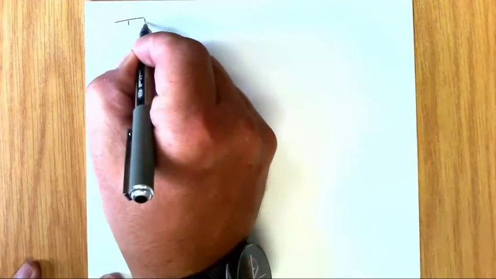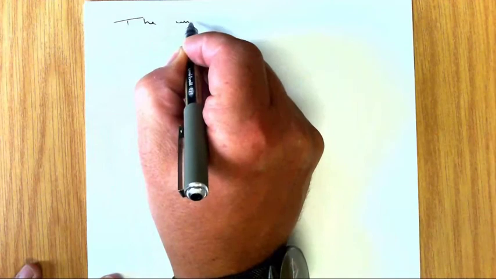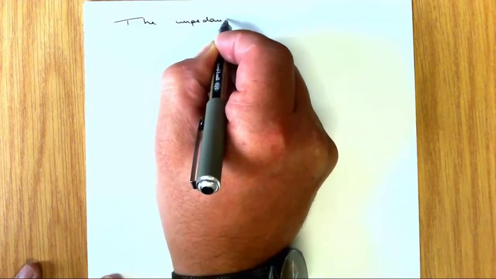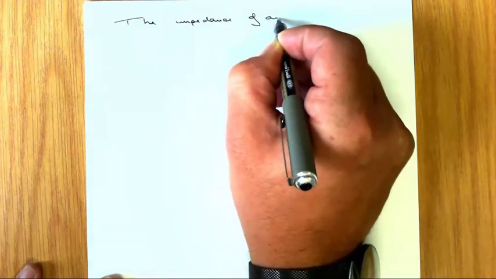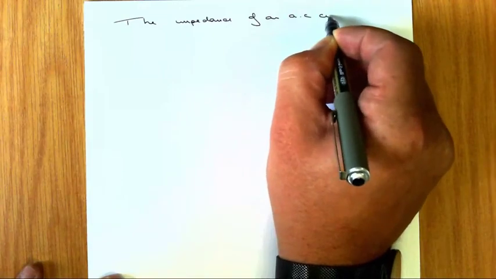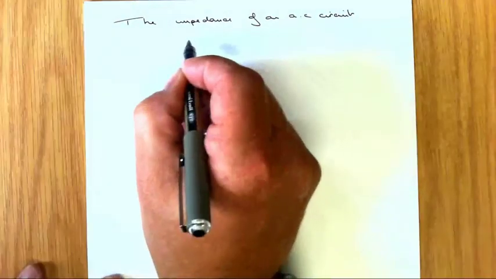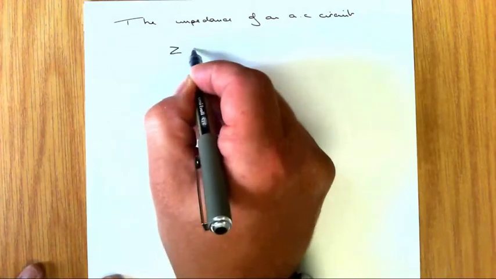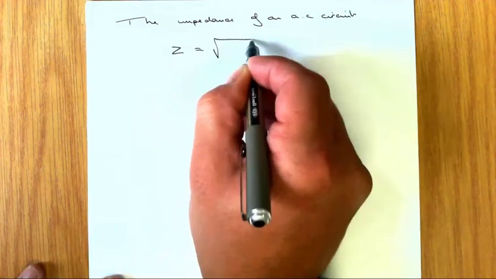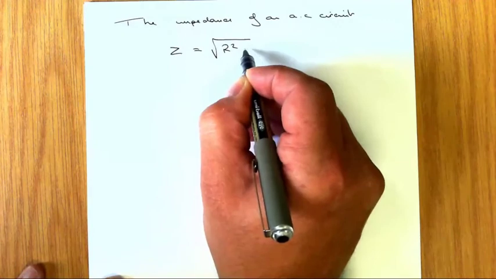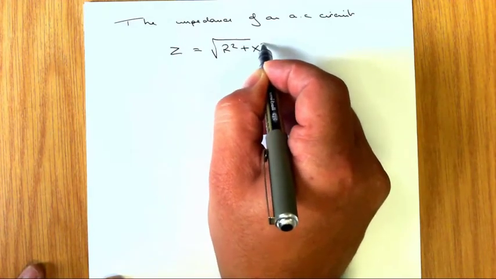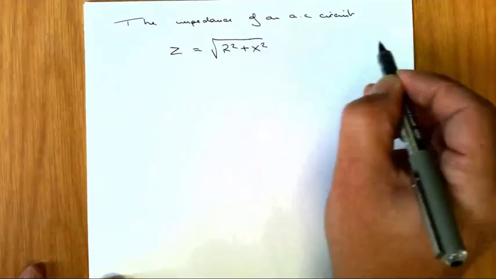Okay, so let's go to an engineering question. Okay, so we're told that the impedance of an AC circuit is given by the equation: impedance Z is given by the square root of R squared, its resistance, plus X squared, which is its reactance.